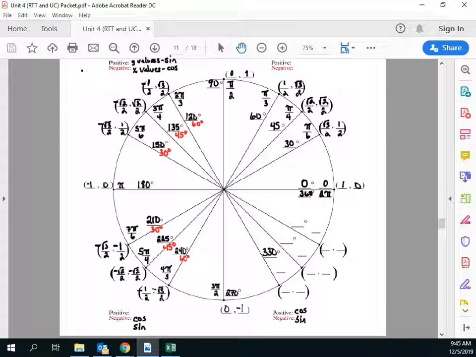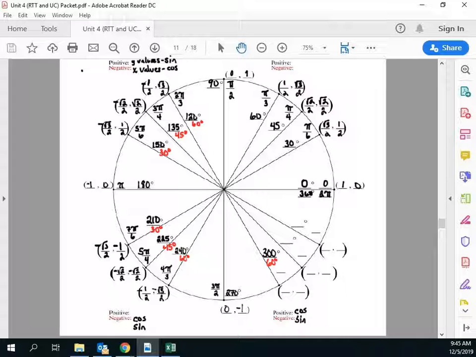Fourth quadrant, 330 degrees. What is the reference angle for 330 degrees? 60. Good. No, I'm sorry. It's 300. I'm getting ready to be all the way to the end. My bad. Sorry, guys. Hope you have a pencil. Which is 60.